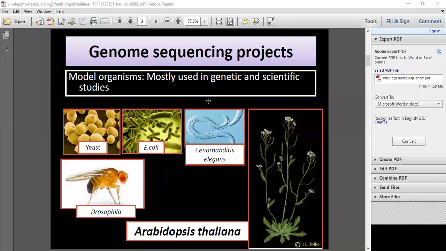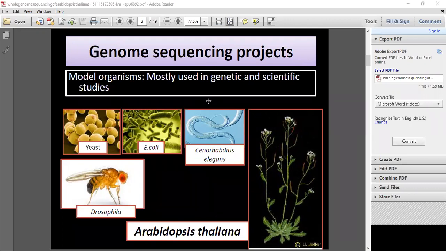For the purpose of studying the actual function of a gene, it is very important to study the function of the gene at a molecular level. That's why many scientists have done research on functional genomics, through which they have not only studied the DNA structure and DNA sequence, but also the function of the gene by doing various experiments.